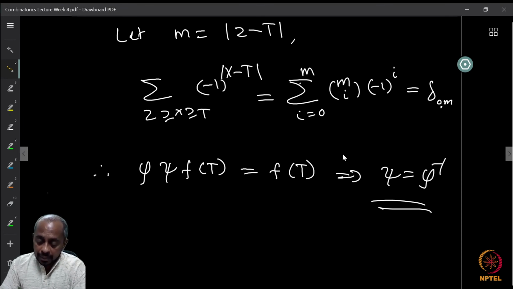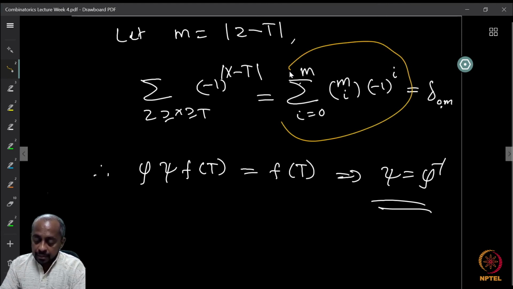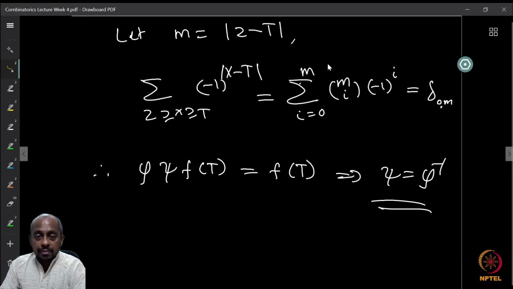By using the binomial theorem, one can see that this will be precisely 1 when m is equal to 0 only, and in every other case it is going to be 0. When m is equal to 0, the summation will be 1, and when m is different from 0, the summation will be 0, because this is basically 1 minus 1 whole raised to m.